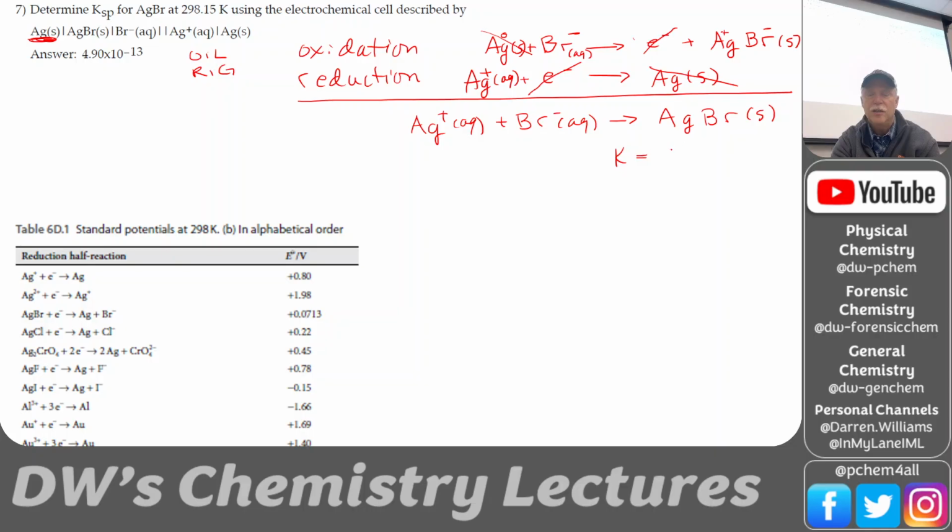So this is going to be the equivalent to 1 over KSP, because KSP is for this reaction, AgBr solid going to Ag+ plus Br-.